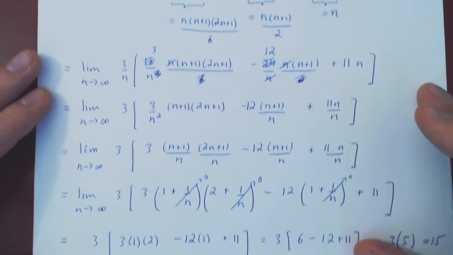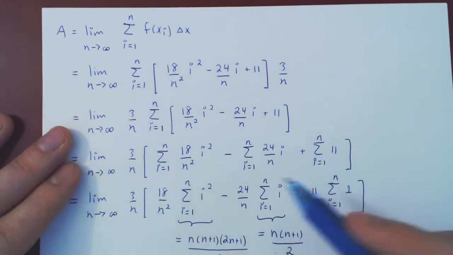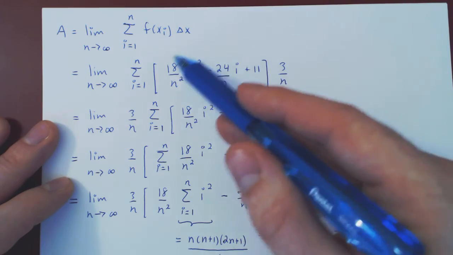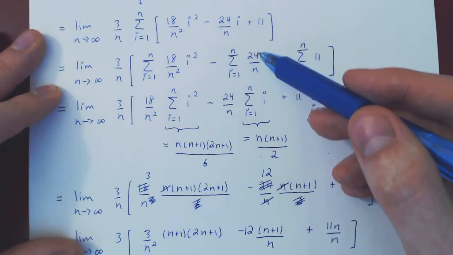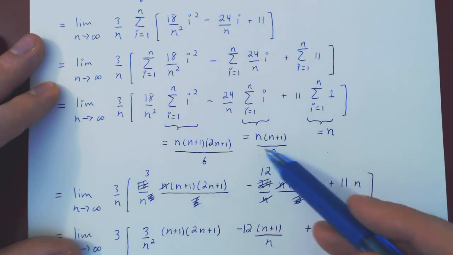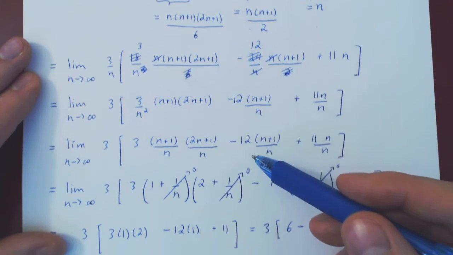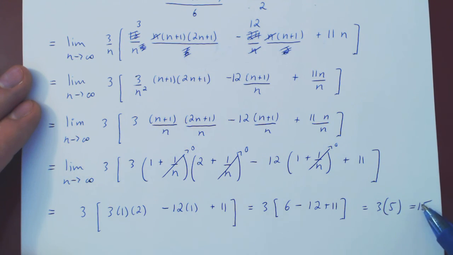Well, 15 was the area below the curve. Limit of the Riemann sum. Simplify your f of xi, plug in delta x. Properties of summations. Shortcut formulas for the fundamental sums. Simplify the function of n, so then you can evaluate the limit quite easily. And we have the area below our curve to be equal to 15.